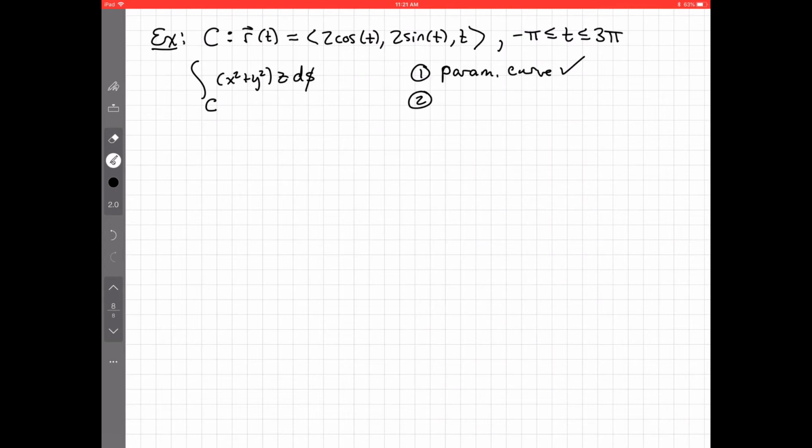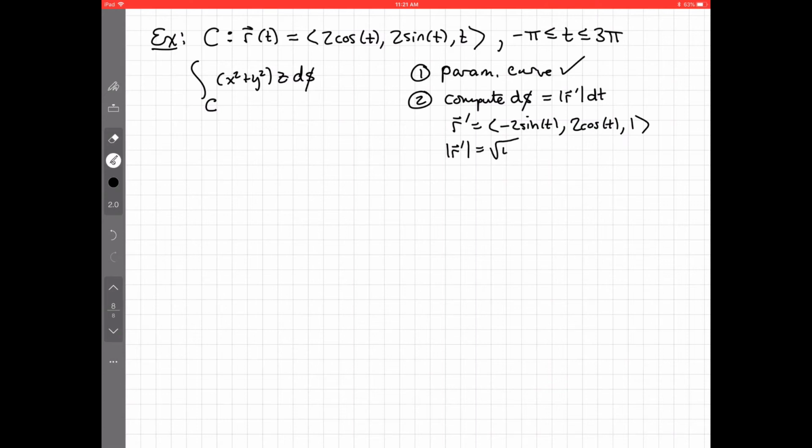Step 2, we need to compute ds. That's an unknown to us at the moment. So remember that ds is the length of r prime dt. So we're going to take the derivative. That's minus 2 sine t, 2 cosine t, 1, and take its length.